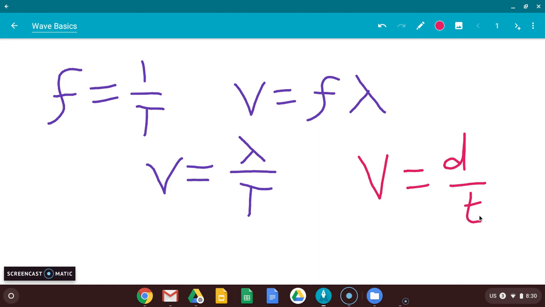Little t is just some time to get from point A to point B, right? The wave is generated at point A and it eventually gets to point B. That's what we're talking about for this equation in red. The distance between point A and point B the wave is traveling through is just a general distance. The time it takes to get from there to there is just a general time of travel.